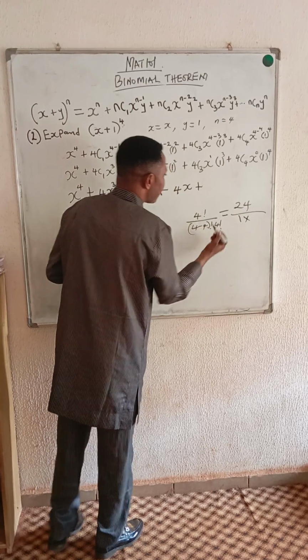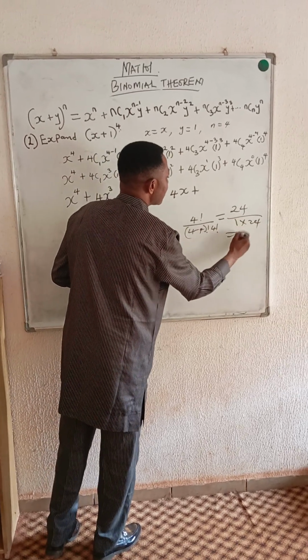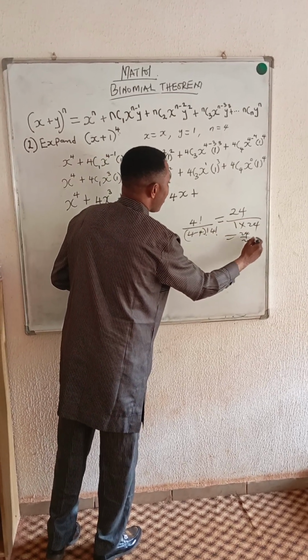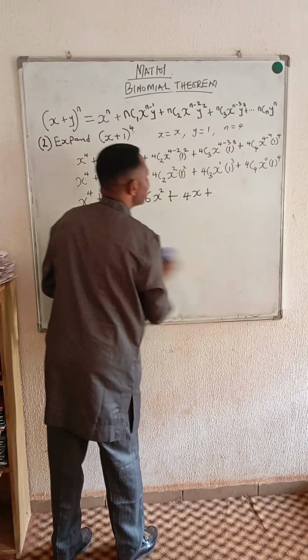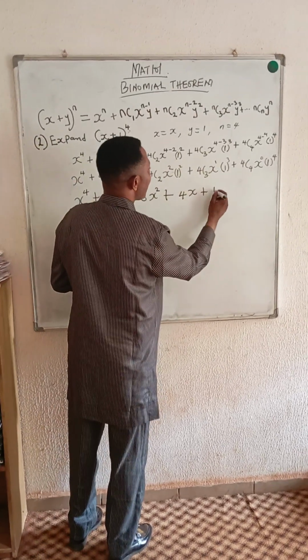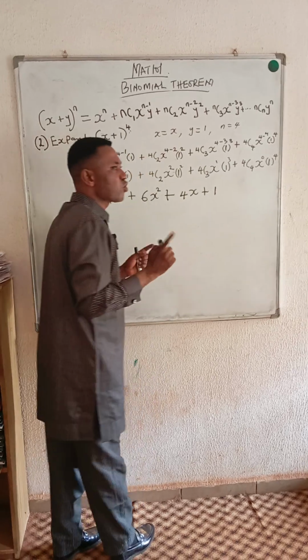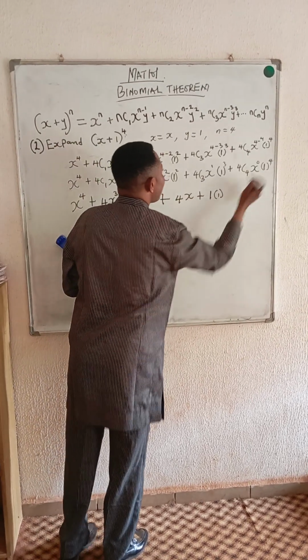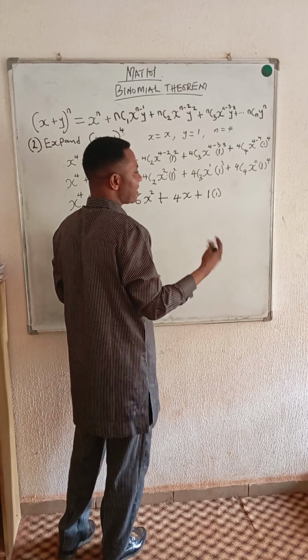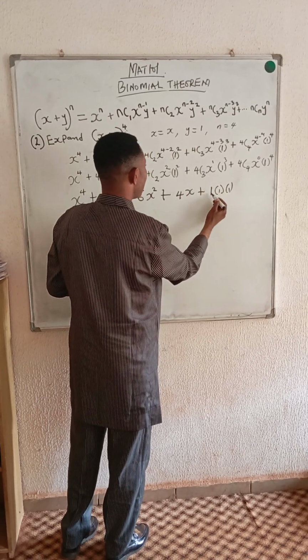Then multiply by 4 factorial, which is 24. So 24 over 24, we have 1. So that is why I said earlier that 4 combination 4 is 1. Then x power 0, anything raised to power 0 is 1. So 1 multiplied by 1. Then 1 power 4 is 1, that is 1 in 4 places is 1. So that is 1 time.